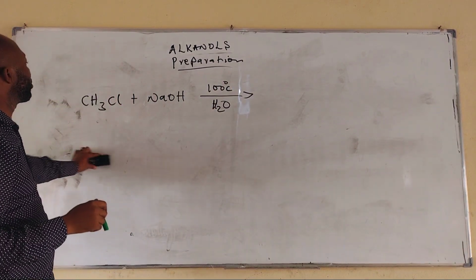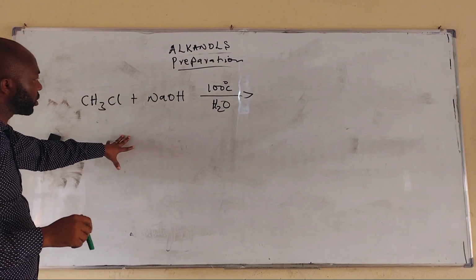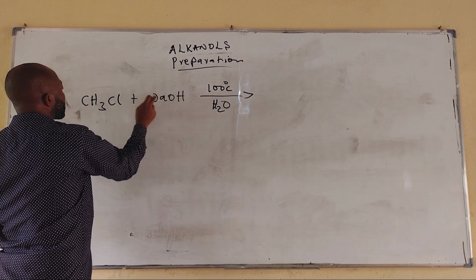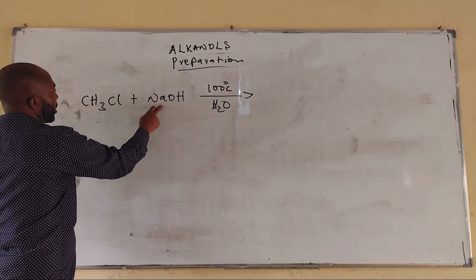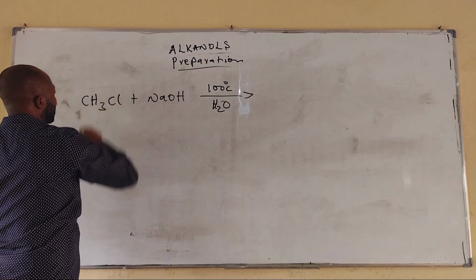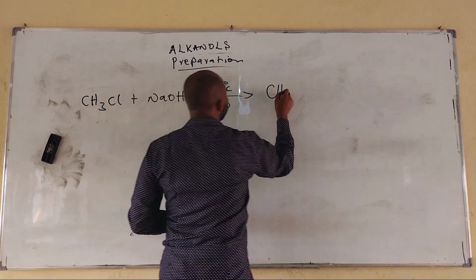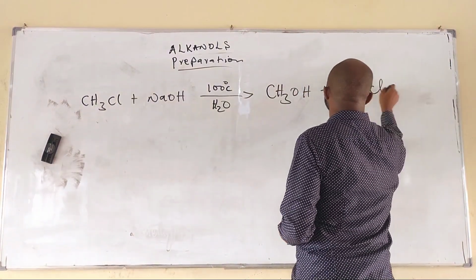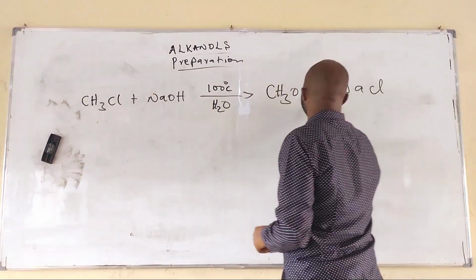So from here, we'll be able to prepare alcohols. What happened? The Na, the metal, will take out the Cl to give us sodium chloride, and the OH will replace it. So we now have CH3OH plus NaCl, aqueous.